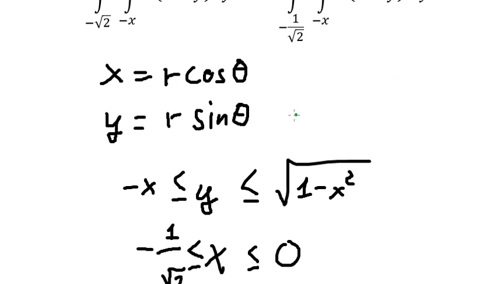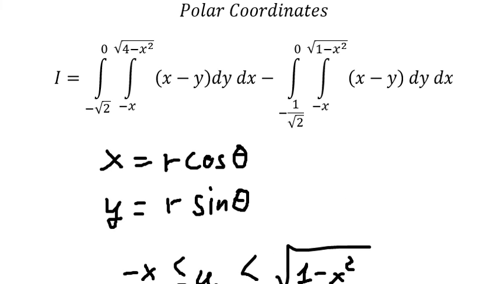Now let's go to the second one. We can see that y is greater than or equal to negative x and smaller than or equal to the square root of 4 minus x squared.